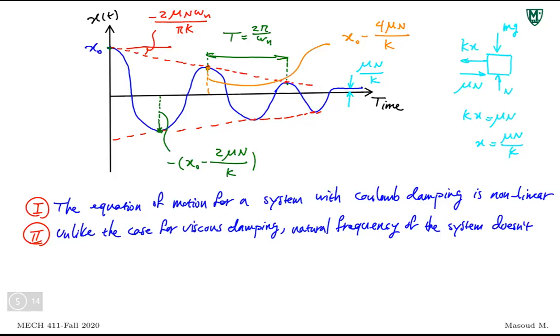Doesn't change. T equals 2 pi over omega n, the time period is the same, the natural frequency is the same. So it's not like viscous damping.